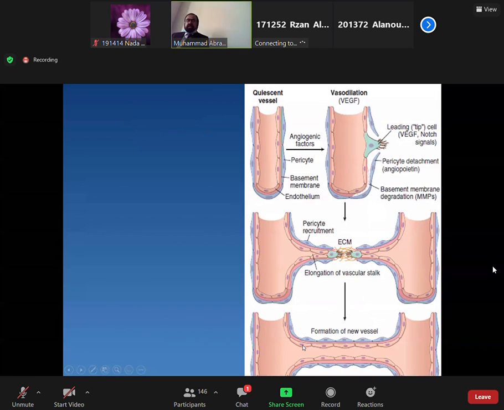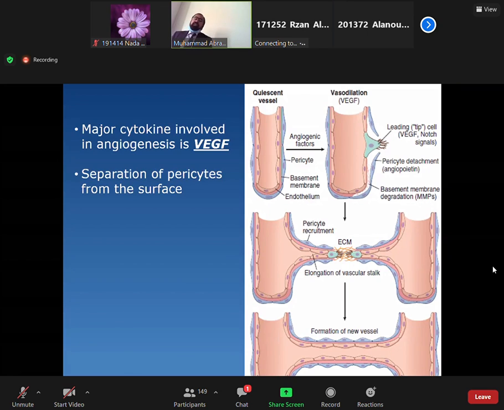There is another example, this one. First of all, there's a sprout, and then this is a tip cell, which is an endothelial cell. It pierces the basement membrane, goes out, and along with this one you have these pericytes, which go with the basement membrane and join the other blood vessel, and finally it looks like a newly formed good blood vessel. All this process needs growth factor, as I said.